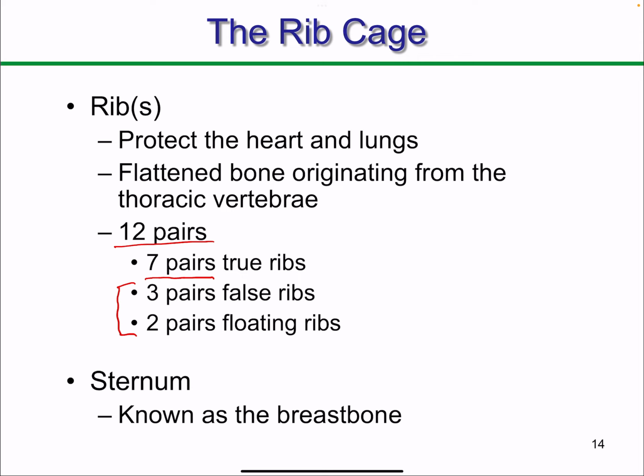Out of the false ribs, you are going to have 3 pairs that are real false ribs, and 2 pairs that are floating ribs. Okay? So you have 2 pairs that are floating ribs, 3 pairs that are false ribs, right? These are the true false ribs, right?